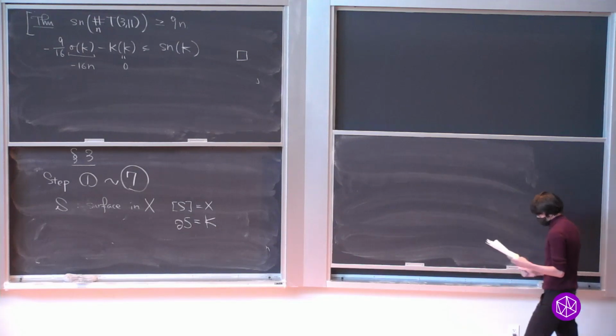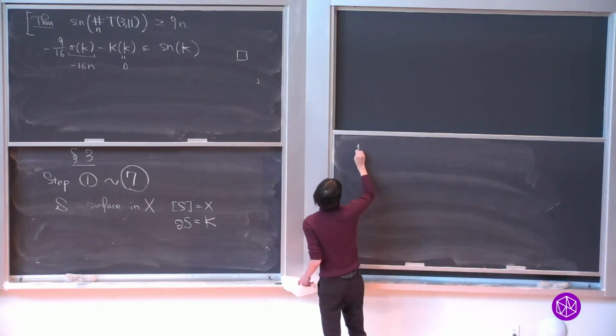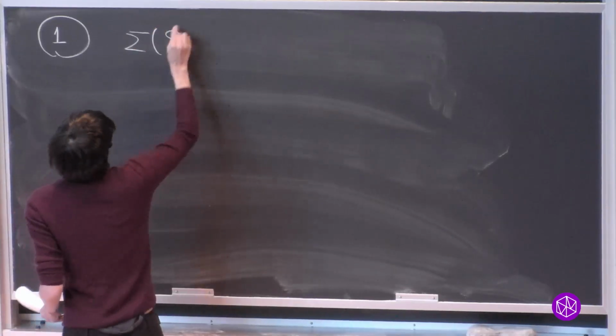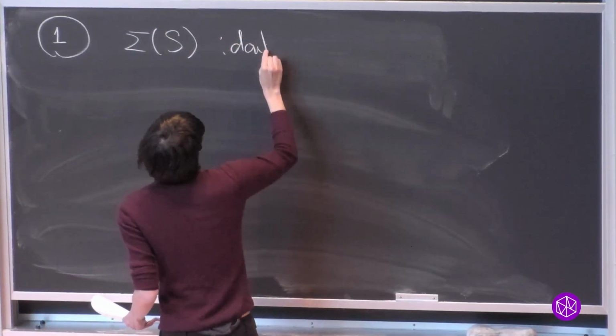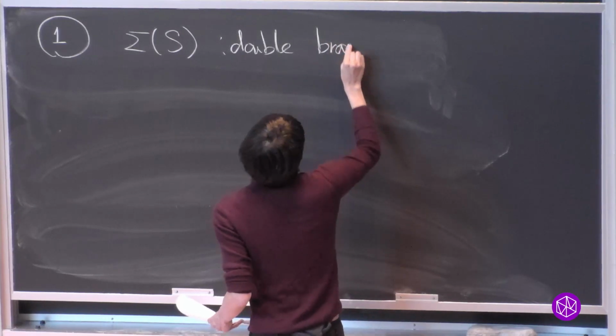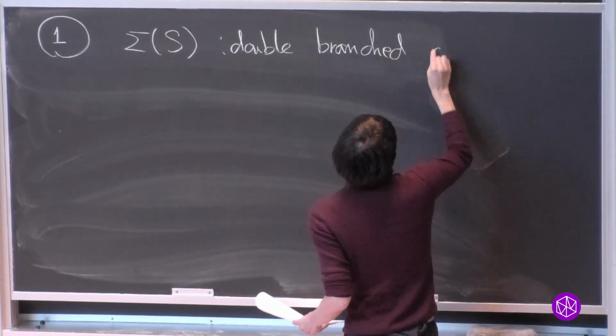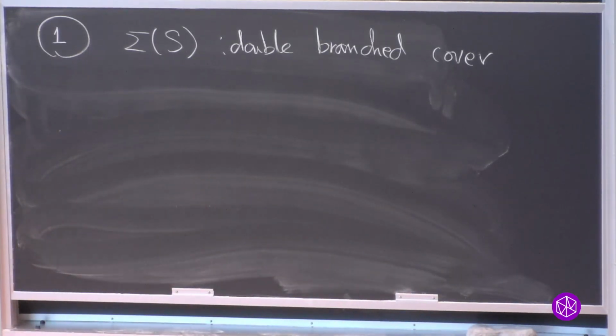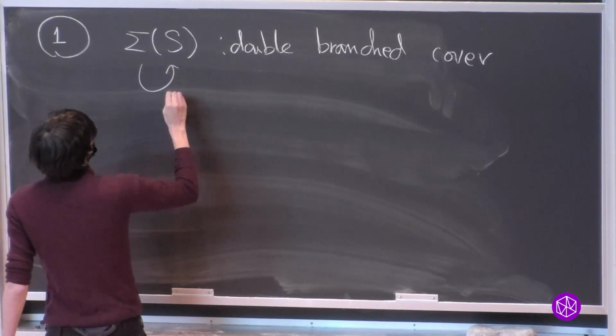So now, in the first step, we take a double branched cover of this guy. We can take a double branched cover because we assume that x is divisible by 2, and we have a covering involution iota.